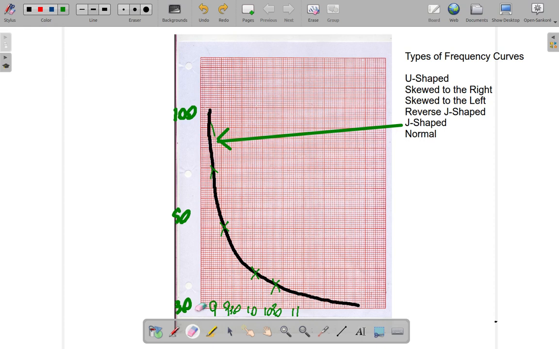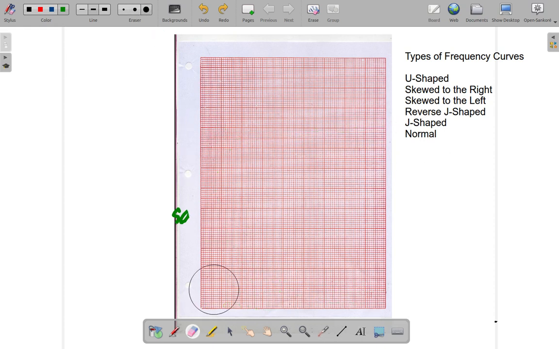As for the normal curve, we're going to talk some more about it later on, as I said before. But the normal curve, let me try my best. It is symmetrical, like this.